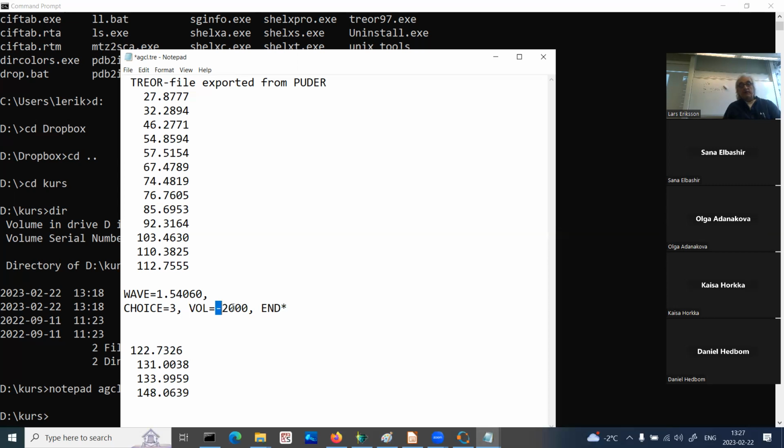Minus 2000, the value is a limit, so to say, not to exceed. So it won't continue to search for unit cells and high index combinations that would be much bigger than 2000 cubic angstrom.